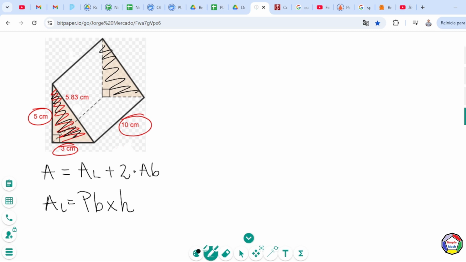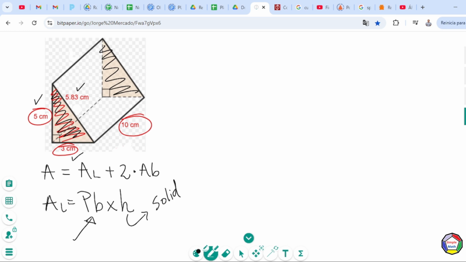But this height, again, is the height of the solid. And everybody knows that the perimeter is the addition of all the sides. So we need to add 3 centimeters plus 5.83 centimeters plus 5 centimeters. That is the perimeter of that base.